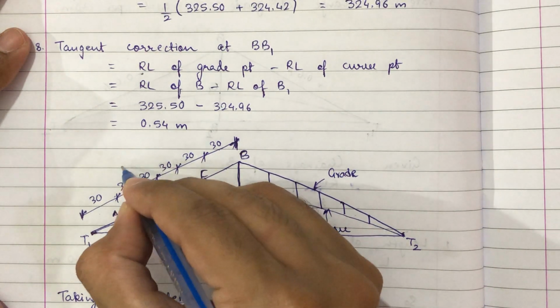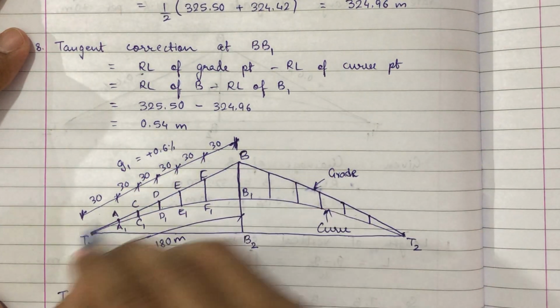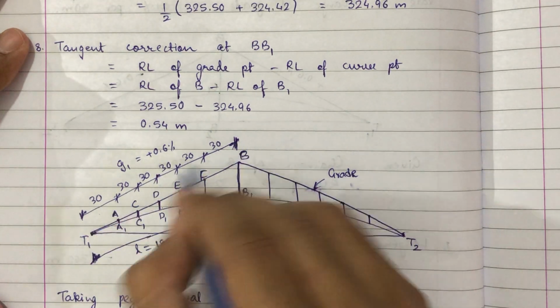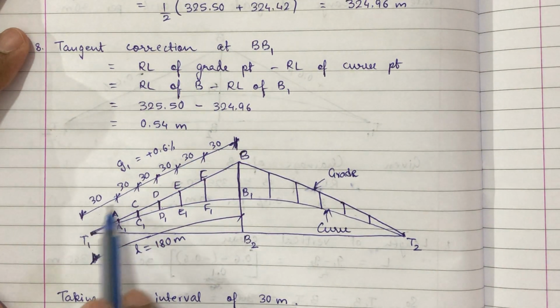Okay, now here the gradient G1 is given as plus 0.6%, and each interval is at 30 meters.